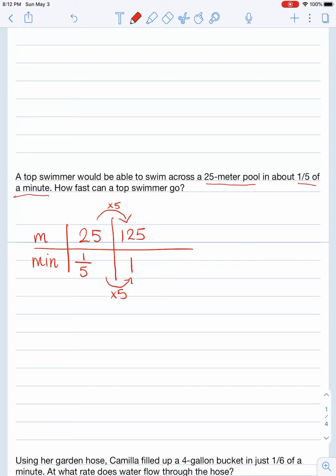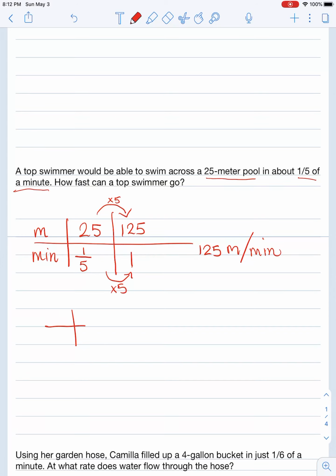And so, how fast can a top swimmer go? A top swimmer can go 125 meters per minute. Now, in this case, if you like, you can deal with this as a decimal. So if we're doing meters to minutes, it's 25 meters in 1/5 of a minute, or 0.2 minutes.